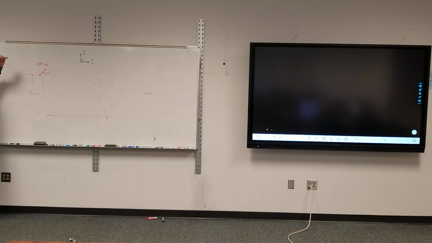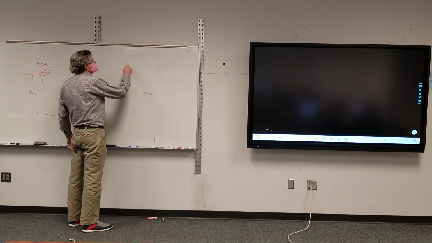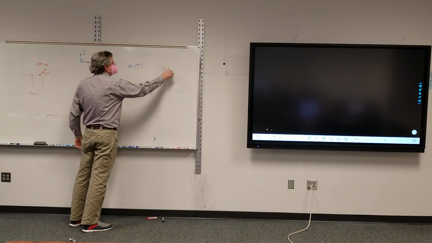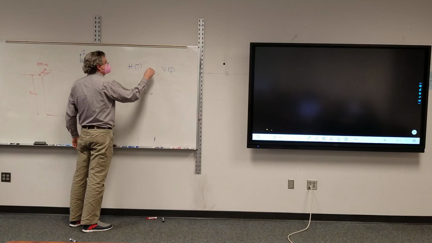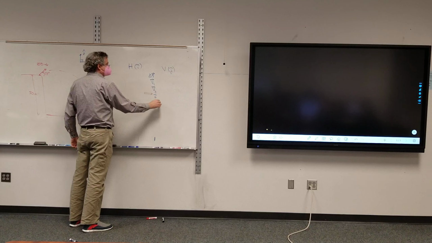All right. Now what? We've defined our coordinate system. Make the chart, the horizontal vertical chart. All right, so I got my horizontal, I hat, and my vertical, J hat. And I have my displacement, initial velocity, final velocity, acceleration, and time.